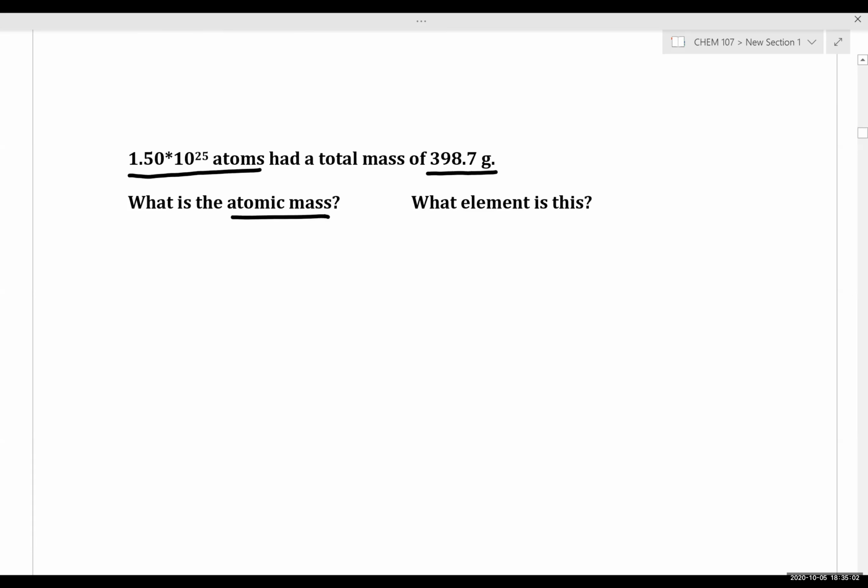I'd like you to calculate the atomic mass in AMU per atom, and I'd like you to tell me what element this sample is. What element is this sample? So let's take about 3 to 4 minutes to work through this example, and then we'll discuss momentarily.